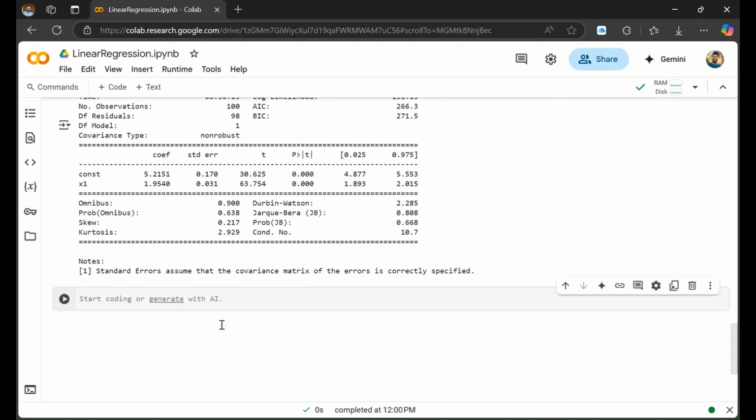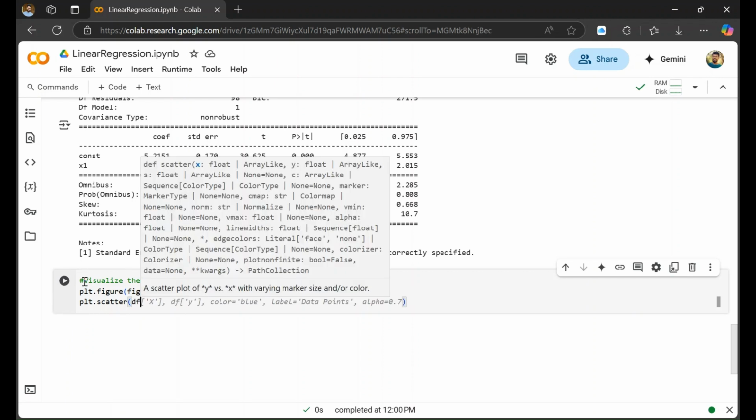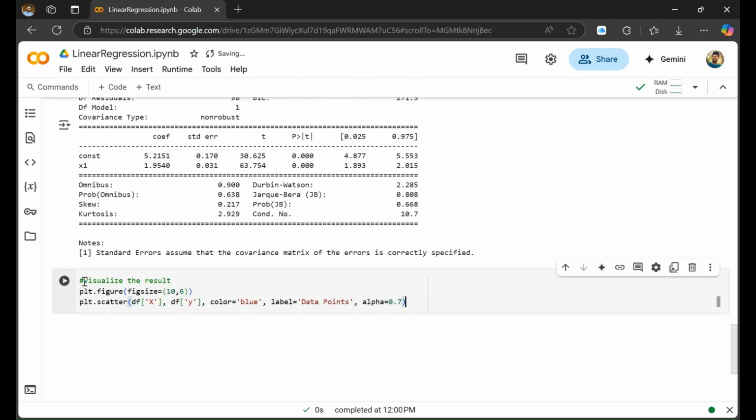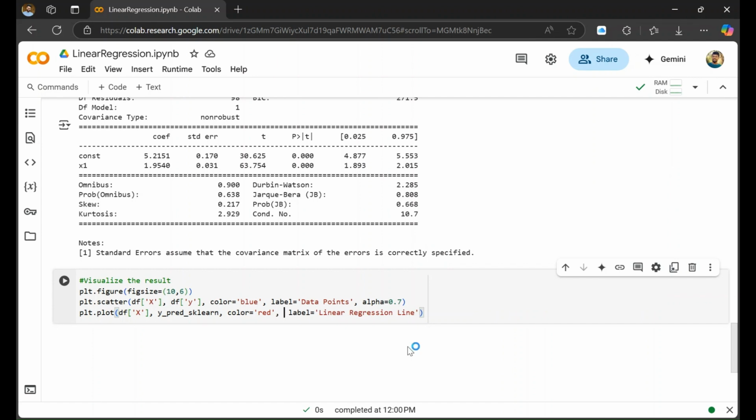Now let's visualize our results. Let's plot the regression line.